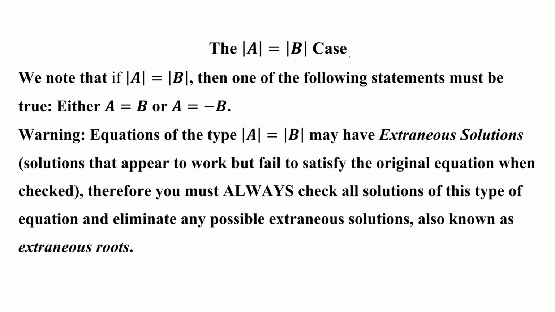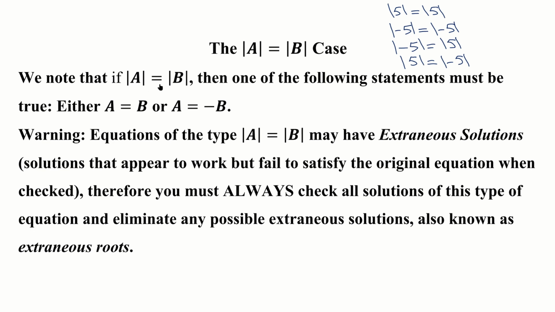Like, we know that the absolute value of 5 is the same as the absolute value of 5, the absolute value of negative 5 is the same as the absolute value of negative 5, the absolute value of negative 5 is the same as the absolute value of 5, and the absolute value of 5 is the same as the absolute value of negative 5. These are the only ways this can happen. So when two absolute values are equal, the numbers are either the same or they're opposites, okay? So that's all this is saying.